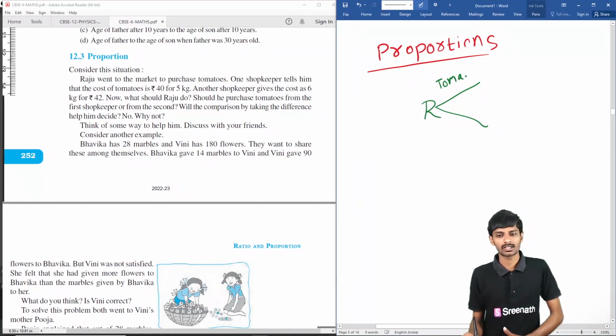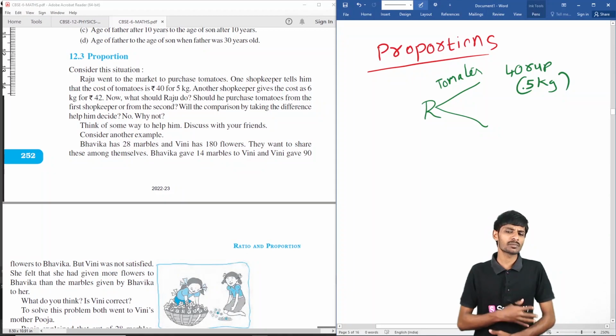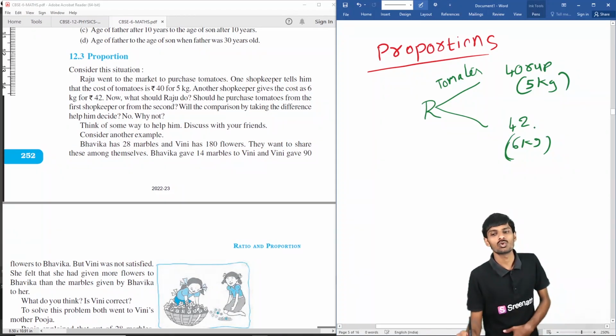He went to market to purchase tomatoes. One shopkeeper tells him the cost of tomatoes is 40 rupees for 5 kgs. And another shopkeeper invites him and tells him he will give 6 kgs for 42 rupees.